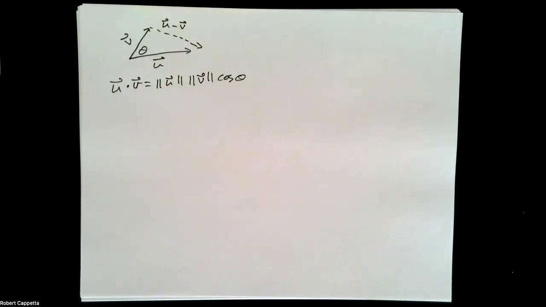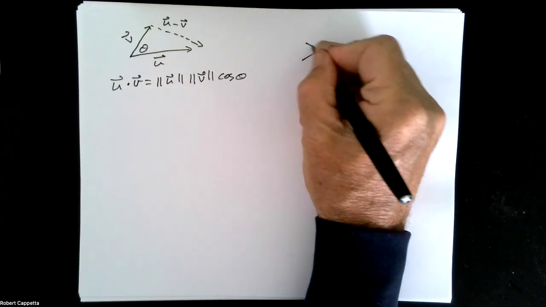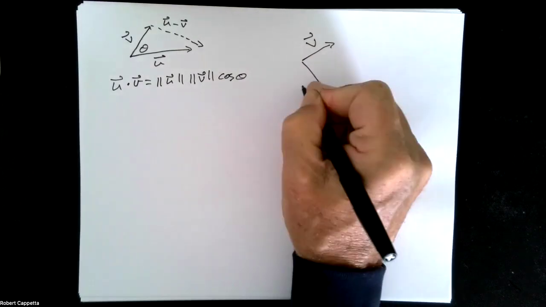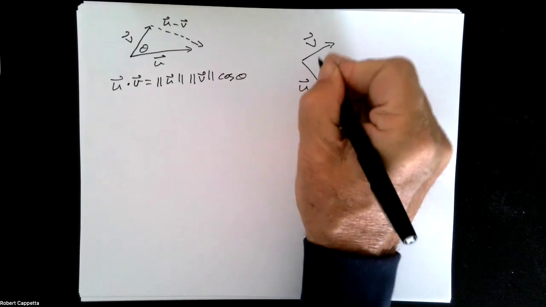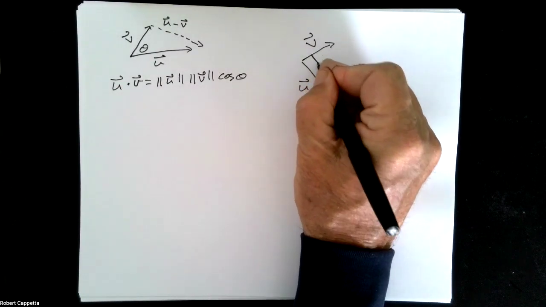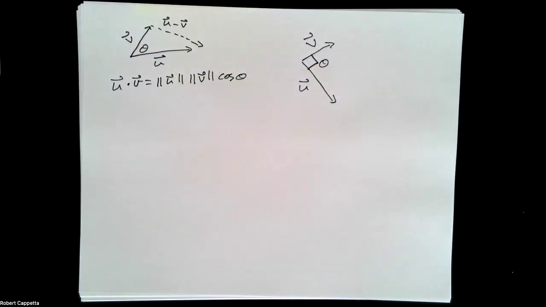Now, if we're talking about things that are perpendicular, so let's look at two vectors u and v that are perpendicular. Let's call this vector v, and let's call this vector u. And let's say the angle between them is pi/2. Okay, so this is a right angle. We'll call that angle theta. What can we say there, right?